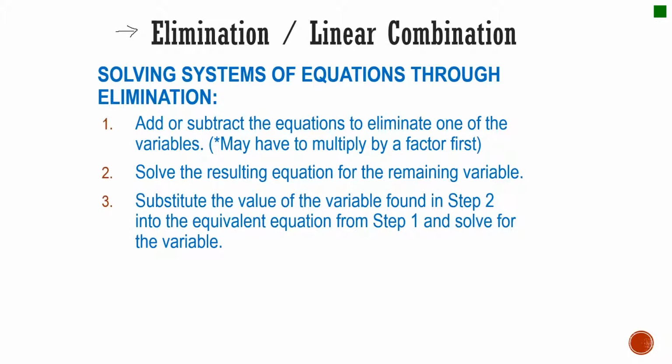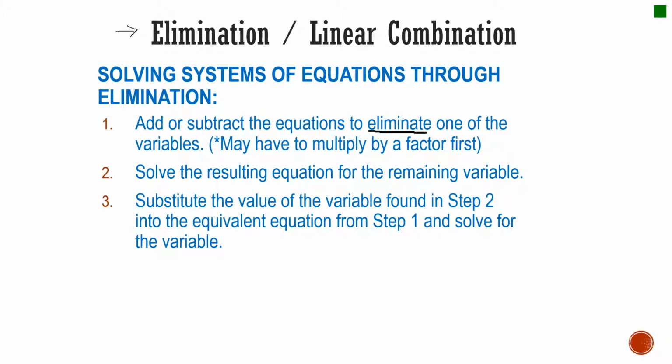Okay, so first, when you're solving systems of equations through the elimination or linear combination method, what you're doing is adding or subtracting the equations to eliminate one of those variables. One of the things you may have to do is multiply by a factor first. Not always, but you might.